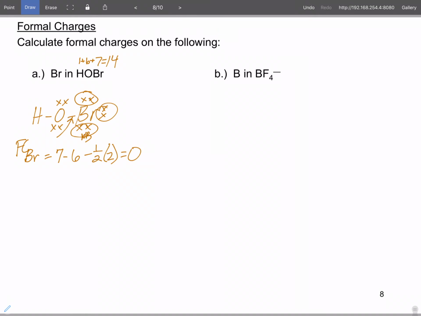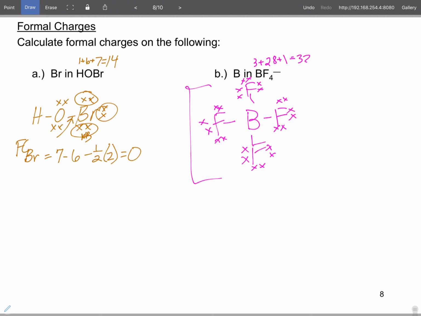So over here we have B, F, F, F, and F. So that's 3 plus 28 plus 1. It's 32. So that would put this in here. Now notice on the previous compound, it was neutral, so the formal charge of all the species should come out to be neutral.